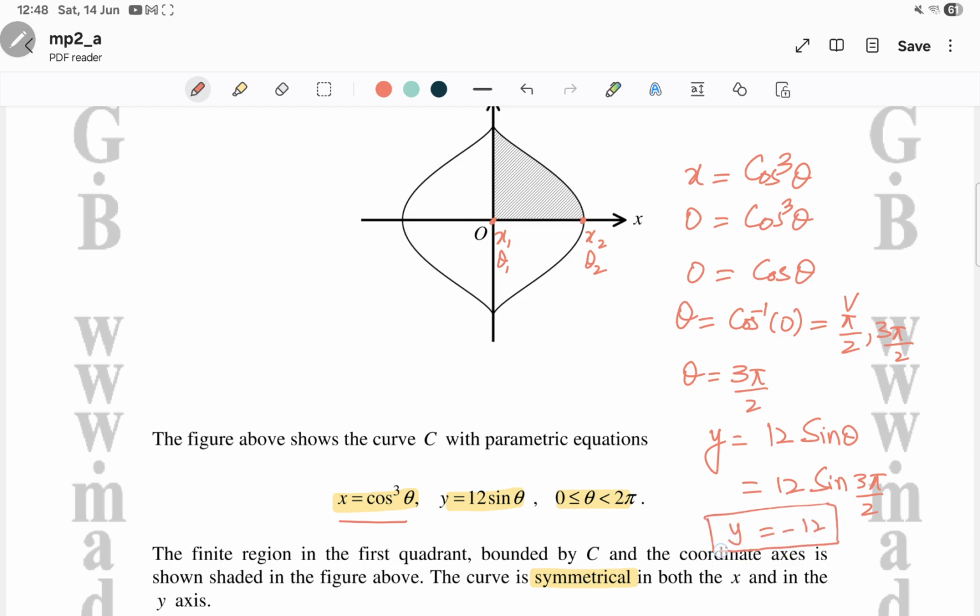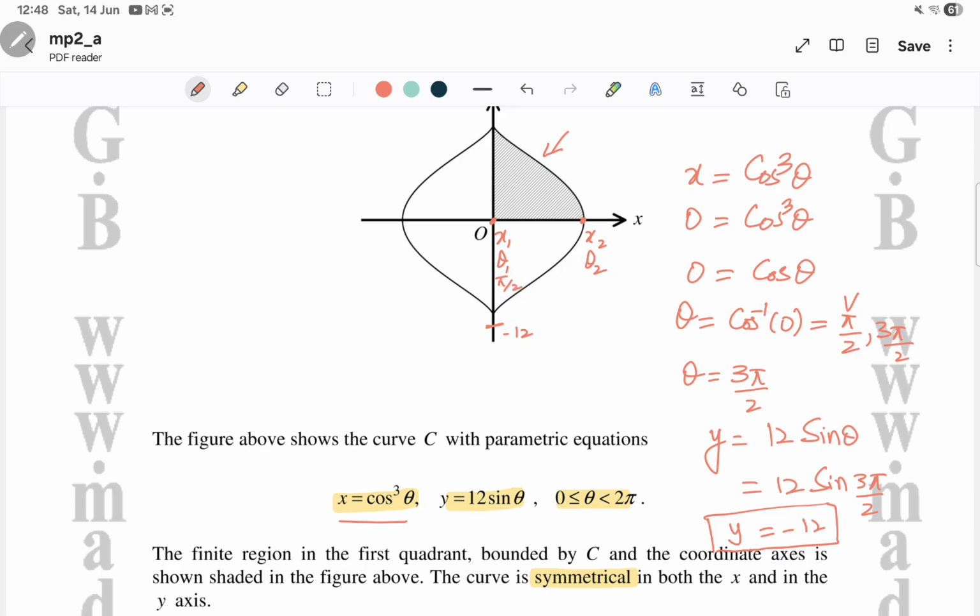So the value of y is minus 12, somewhere here, which is not acceptable because we are interested in the shaded region. So we should consider the value of theta as pi by 2 here. So theta 1 is pi by 2.